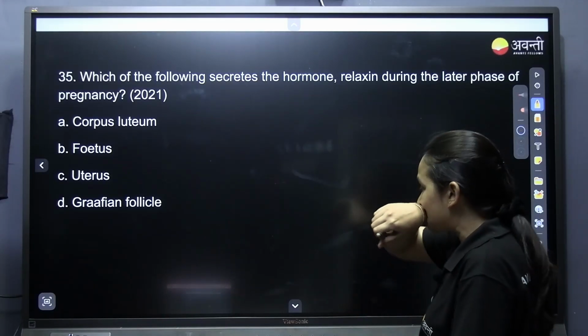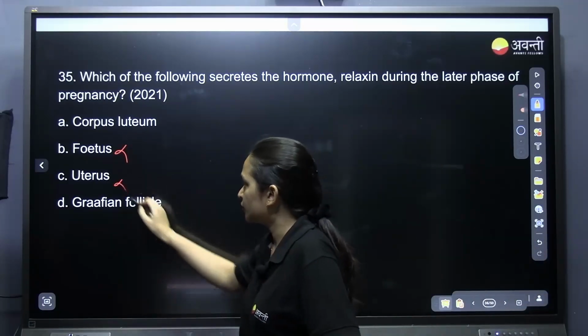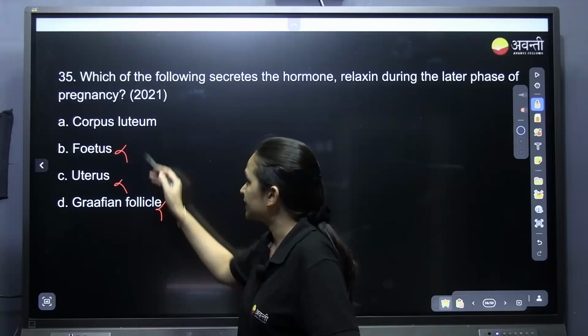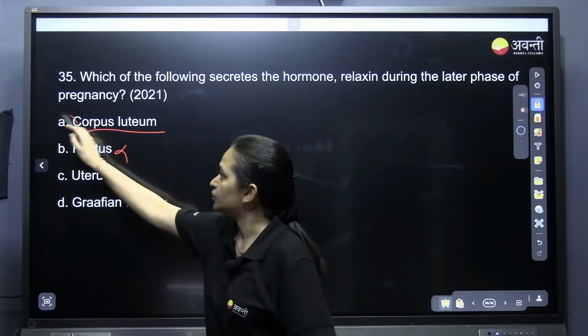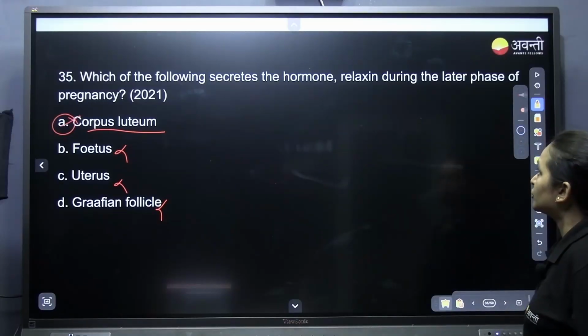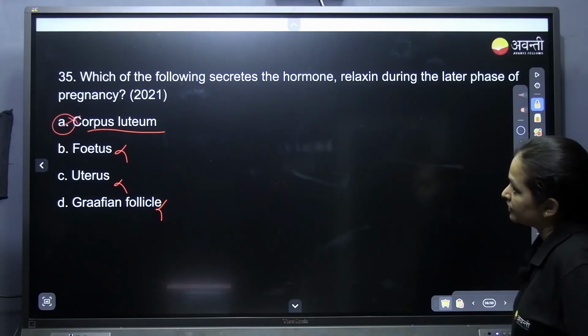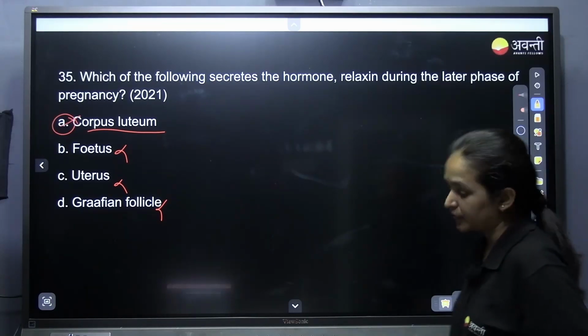So, at the later part of the pregnancy, it is not the fetus, not the uterus, not the Graafian follicles. It is actually corpus luteum, which will be producing the hormone relaxin in the later part of the pregnancy.